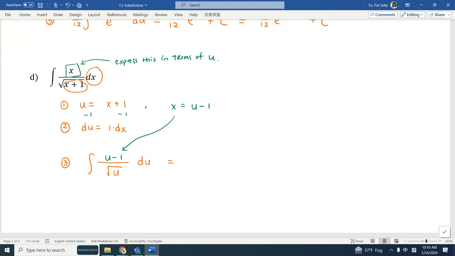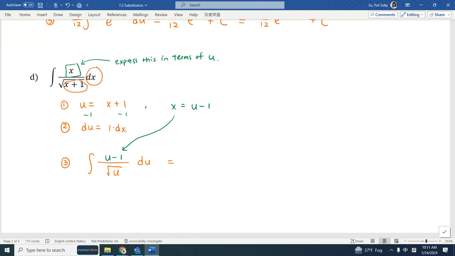Okay, do you see this is a quotient? Do we have a quotient rule for integrals? Can we integrate the numerator and then divide it by the integral of the denominator? Can we do that? No. If you see a quotient or product, there must be a way you can simplify and get rid of the quotient and product, expressed in terms of sum or difference.